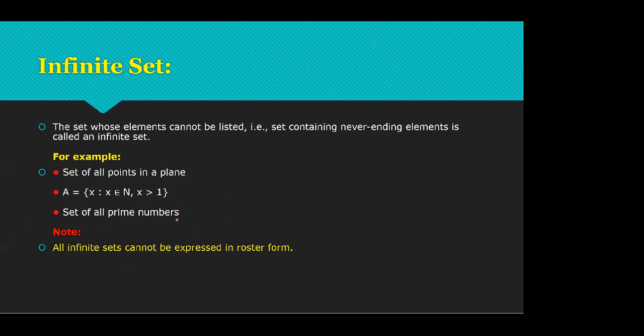It would start from 2, 3, 5, 7 until we reach positive infinity. So note, all infinite sets cannot be expressed in roster form. You remember this, right? Infinite sets cannot be expressed in roster form.